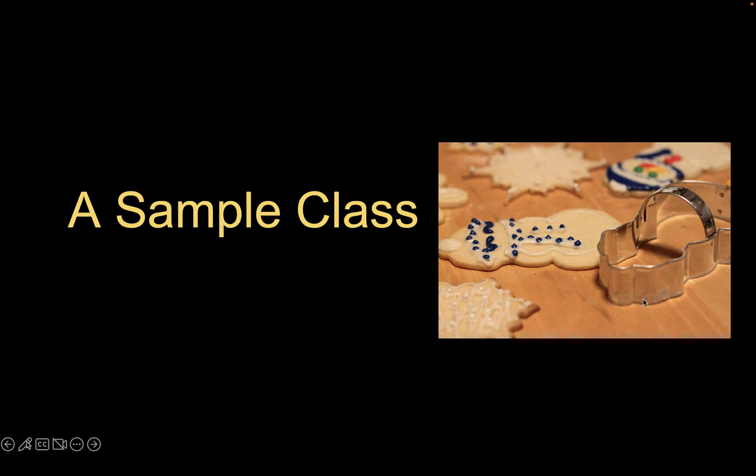Okay, but again, the part of the metaphor that we're trying to remember is that the class is the blueprint or the template. So that's what the cookie cutter is. And then the instance is the object that you actually stamp out, and that's what the cookies are representing in the photo.